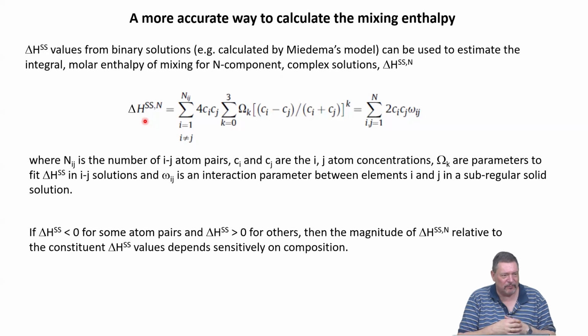And then one probably needs to go to real CALPHAD numerical modeling and not use these analytical descriptions of the solution models. But if you have only positive or only negative binary mixing enthalpies, or changes of sign with small magnitudes, then this is basically giving you a very good description. So in all cases that I know, it has been valid.